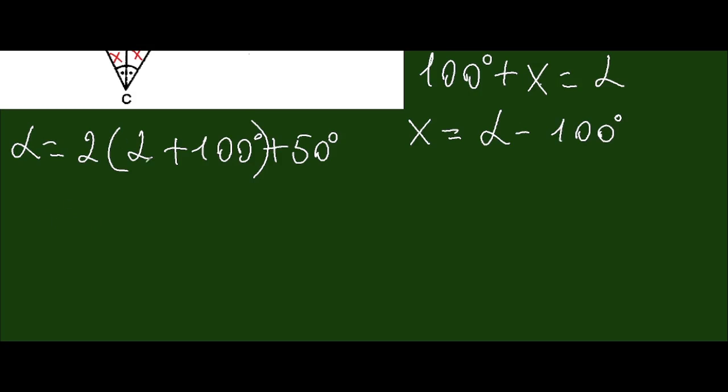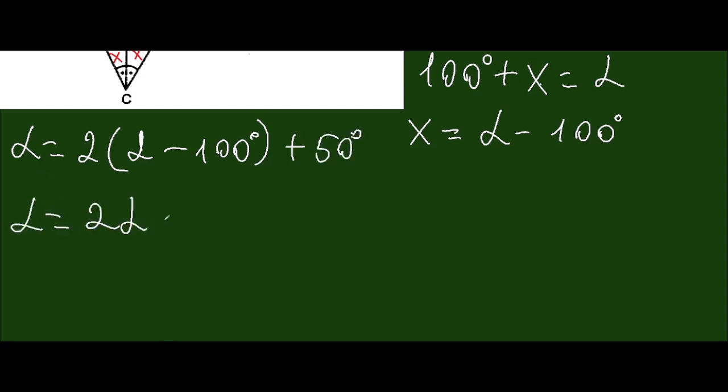And here I did a mistake, if I'm not mistaken. It will be minus, here alpha minus 100 degrees and plus 50 degrees. Alpha will equal to 2 alpha minus 200 degrees plus 50 degrees.